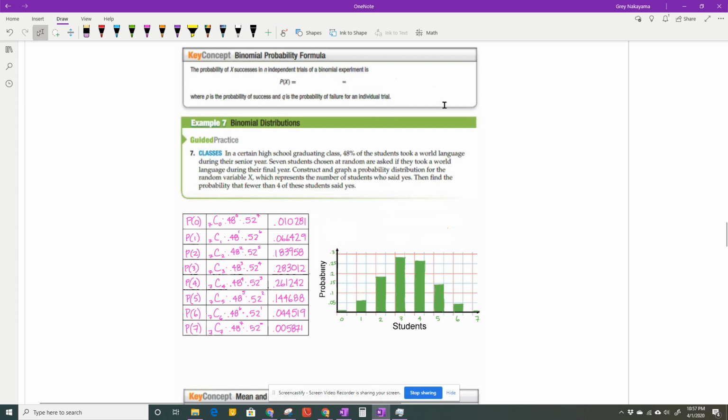I give this to you because I want you to see that it's what we've done before, but it's just written differently. We still had P and Q, but we had N, and instead of using X, they're putting in the formula the actual way to calculate combinations, which we don't do by hand right now.